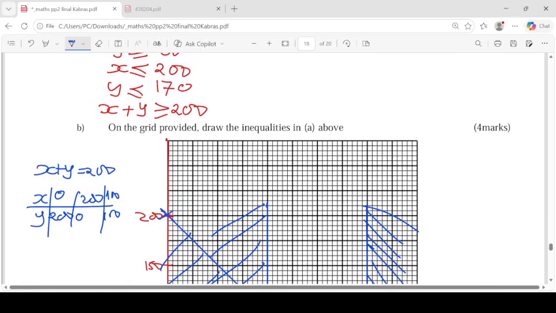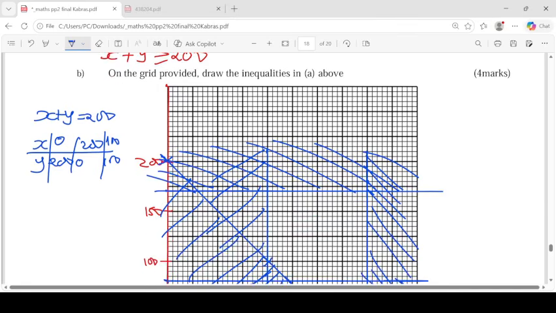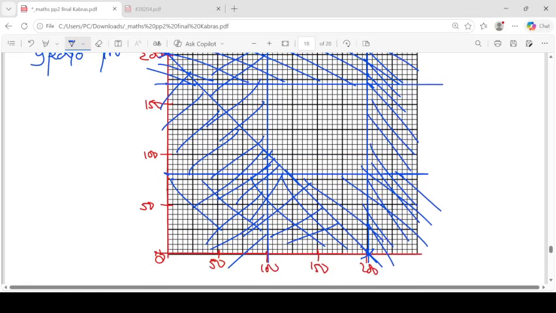Y at 170. This is 175. 170 is here. So we shade the lower side. Yes, now you can see the region that has been bound.